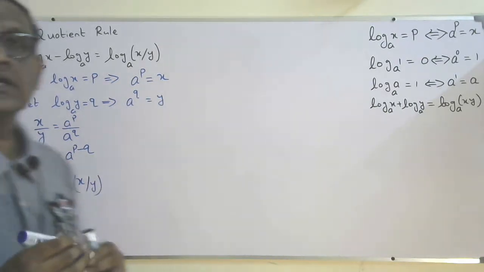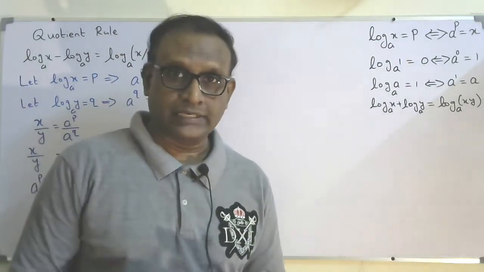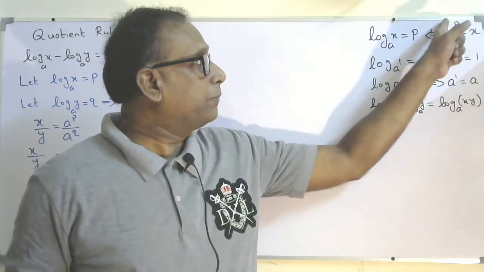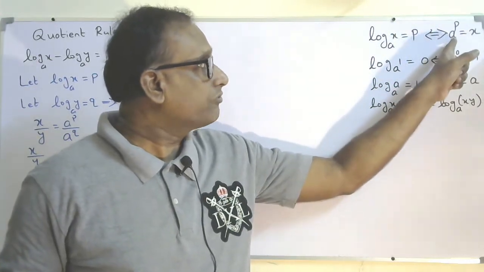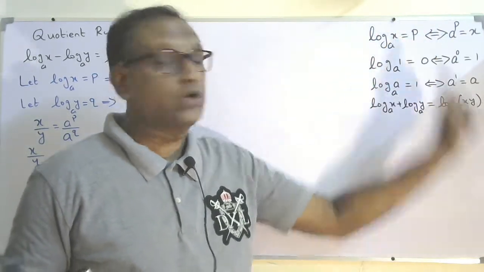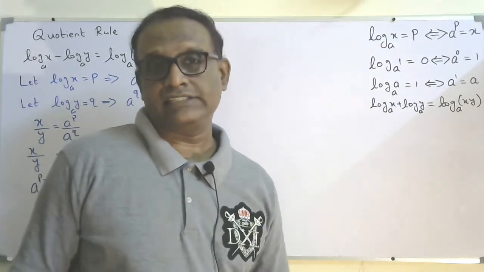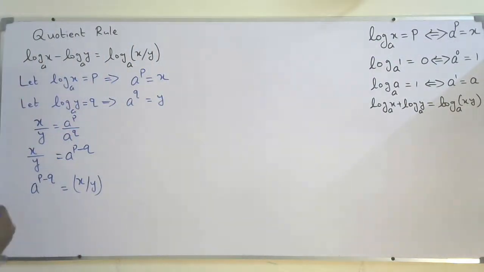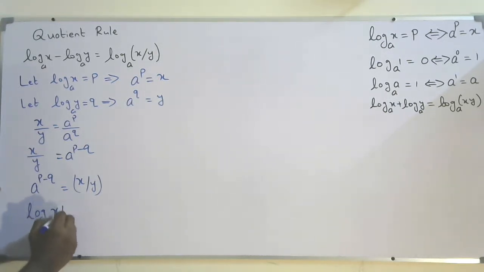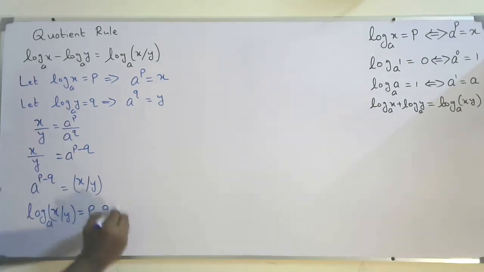Okay, I'm going to use the definition of logarithm again. It says a to the power p equals x means log a of x equals p. So according to this definition, log a of x over y equals p minus q.